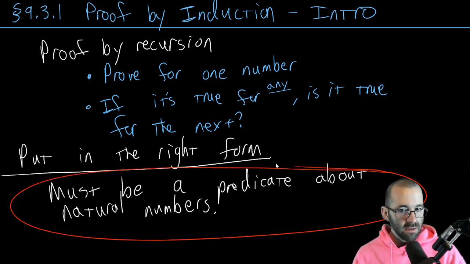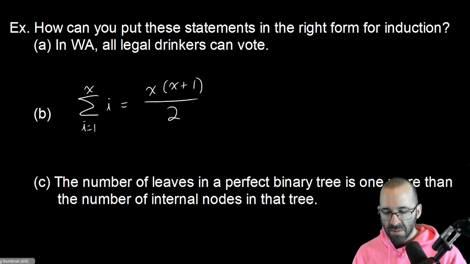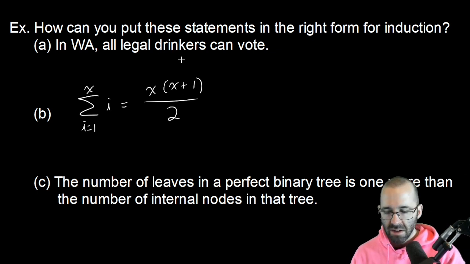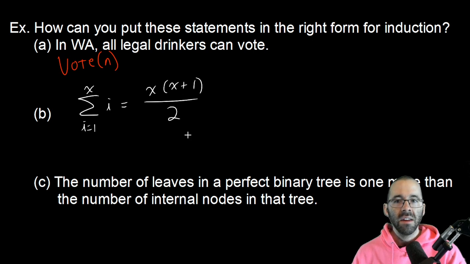We need a predicate, and we need this to be about natural numbers. So if we're thinking of voting age and drinking age, we can think about age in years. So we could have a predicate be like Vote(n), and we're trying to prove this is true.